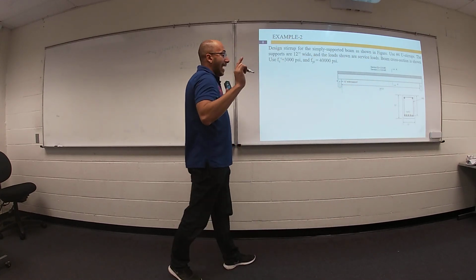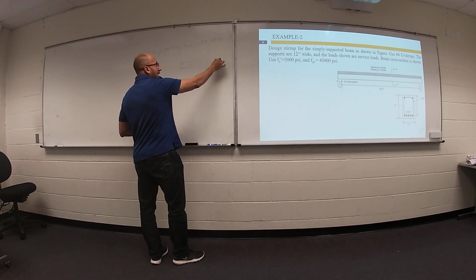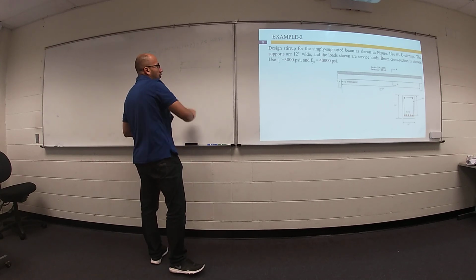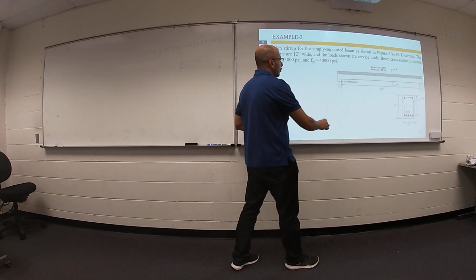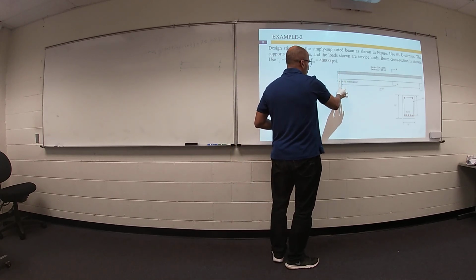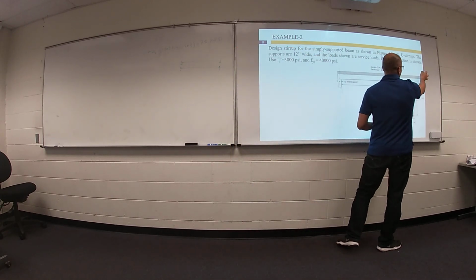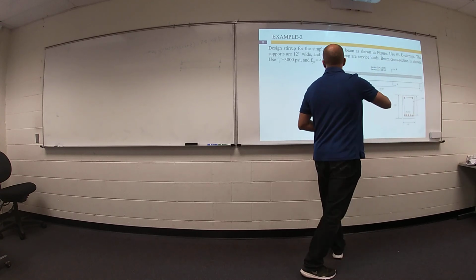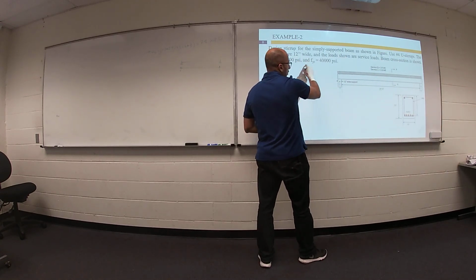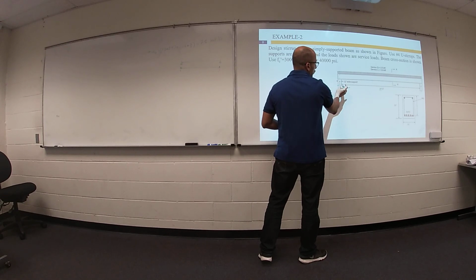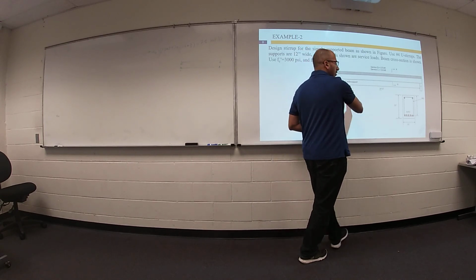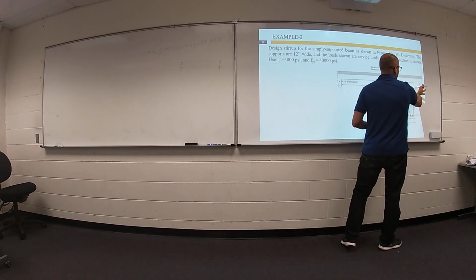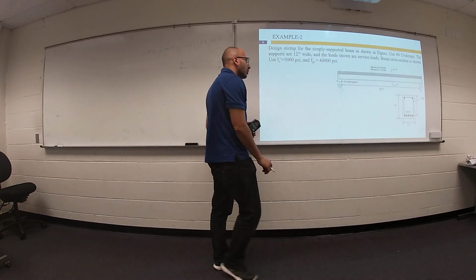But actually the actual span must be from center line to center line of your support. So what is the actual distance between center line of your column to center line of your column? We have 12 inch wide, so we have here 6 inch and another 6 inch here. So the total will be 25 feet.